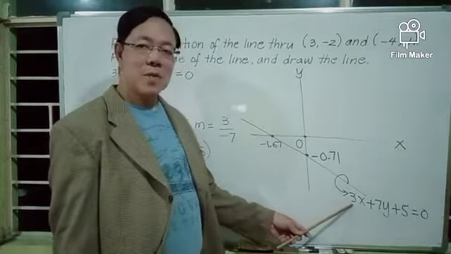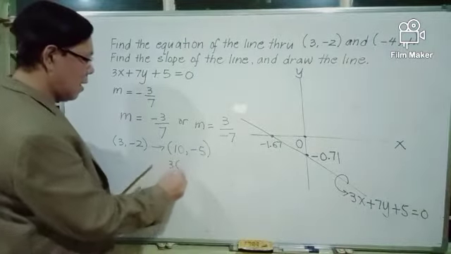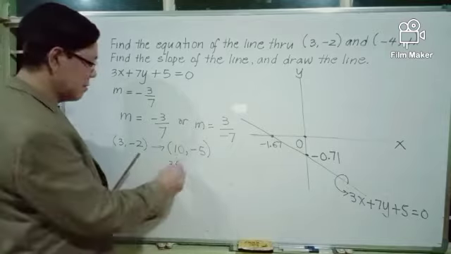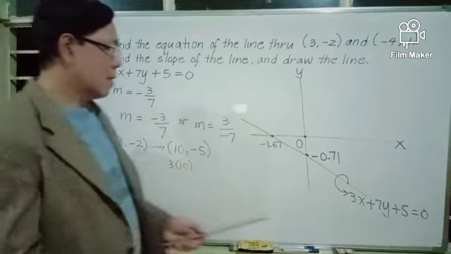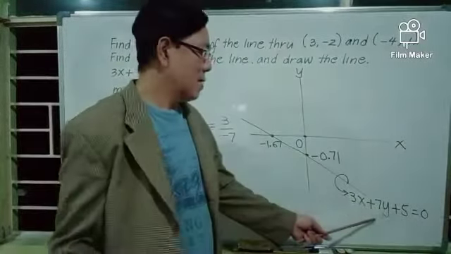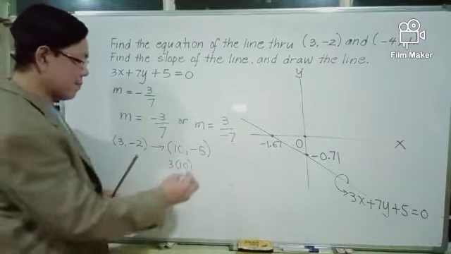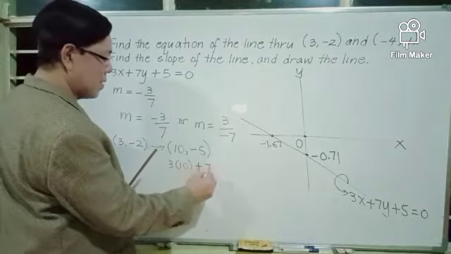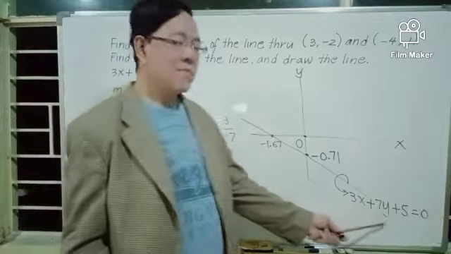We check: 3 multiplied by x, our x is 10, plus 7 multiplied by y, our y is negative 5, plus 5.